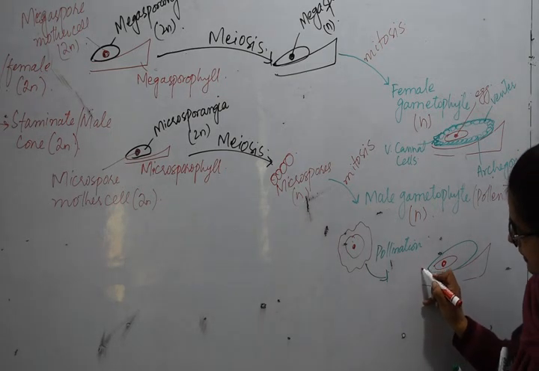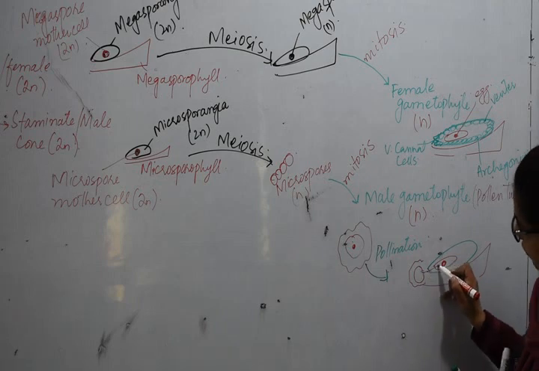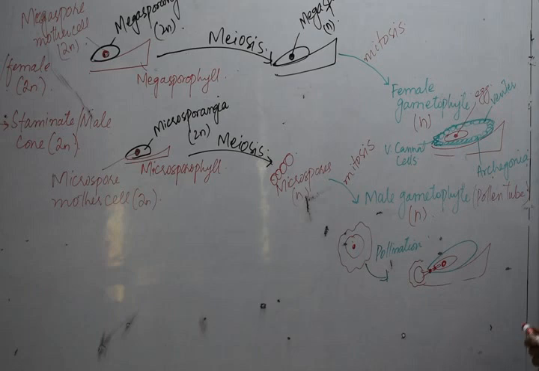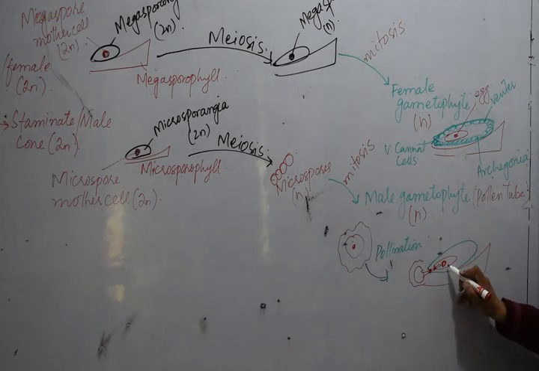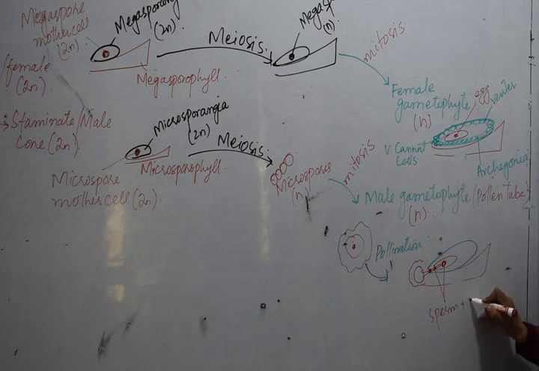So here is the pollen grain, the exine will rupture and the intine will grow like it, which will have 2 sperms. So one of the sperms will fertilize the egg and form a zygote.